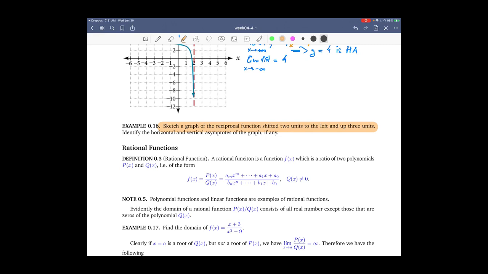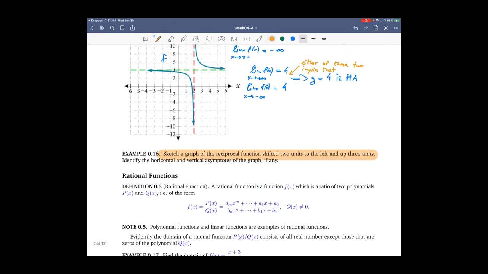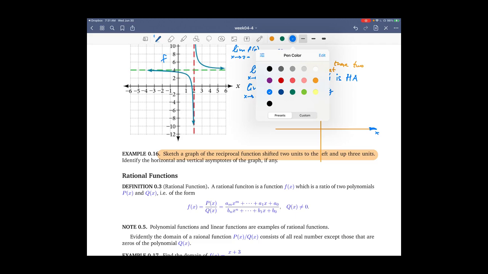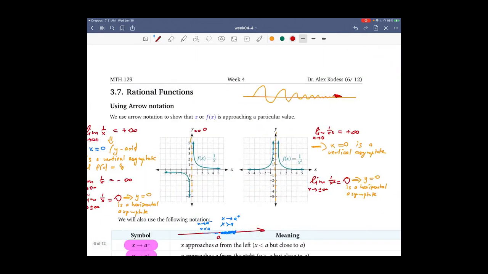Well, if I draw the coordinate axis here, the reciprocal function 1 over x, remember, has one vertical asymptote, which is the y-axis, and one horizontal asymptote, which is the x-axis.